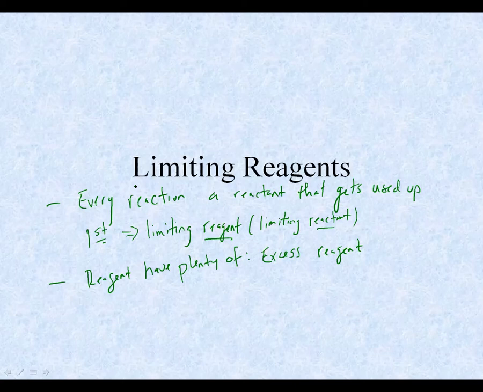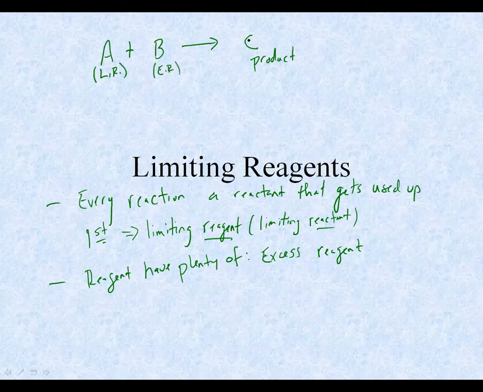And what that means is why the limiting reagent is really important. Say you have a reaction like this, and this is obviously your product, this is how much you're going to produce. In this example, A is our limiting reagent and B is our excess reagent.